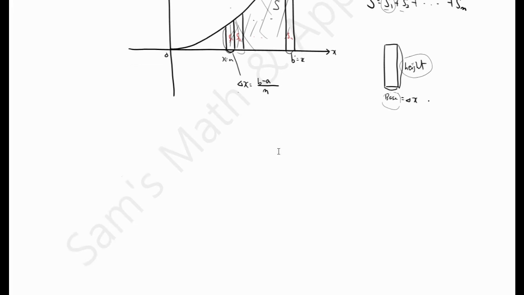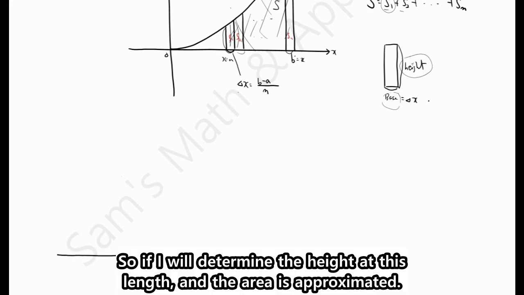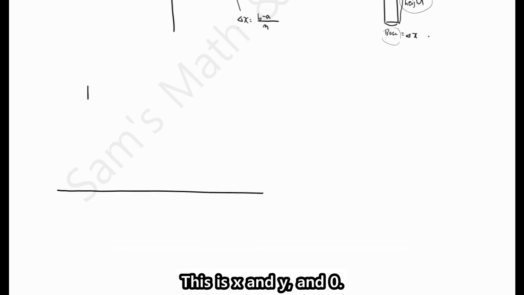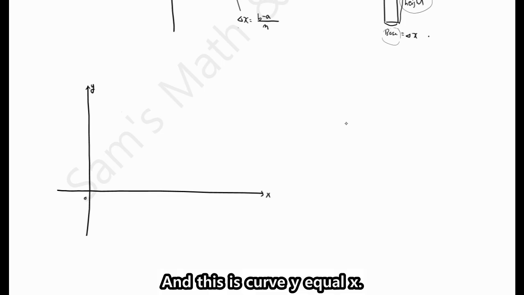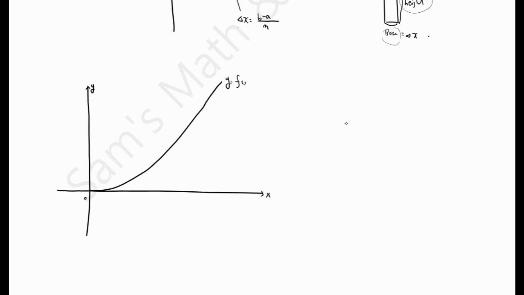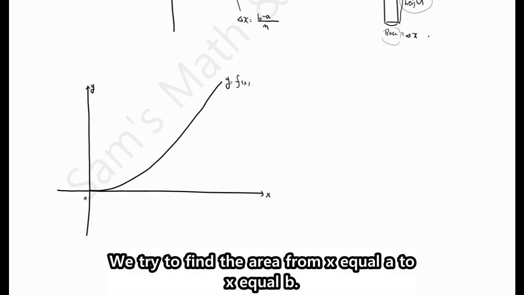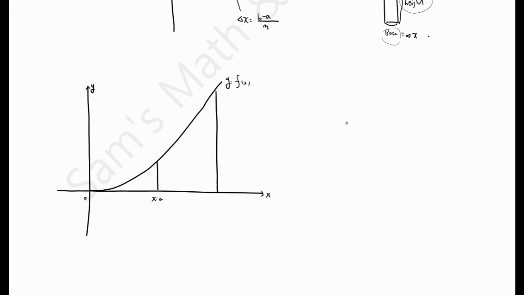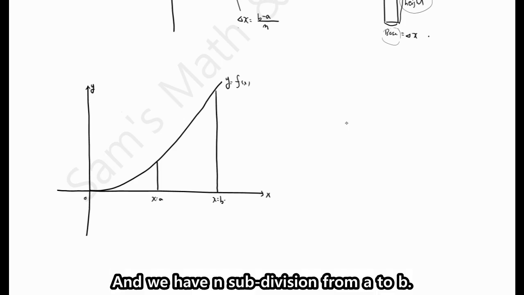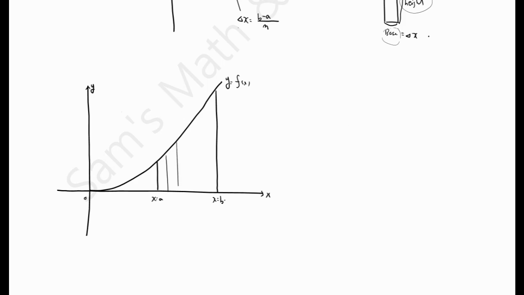I will determine the height at this length, and the area is approximated. This is x and y, and 0, and this is the curve y equals f(x). We try to find the area from x equals a to x equals b, and we have n subdivisions from a to b like this.